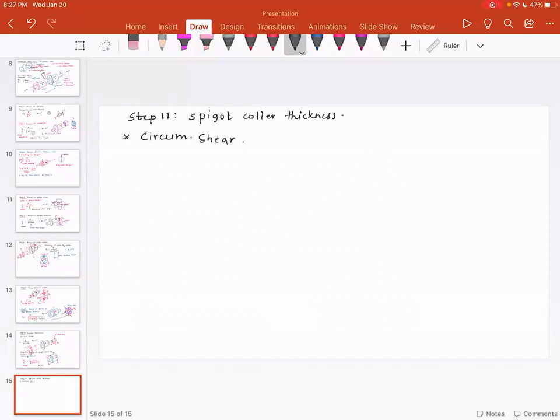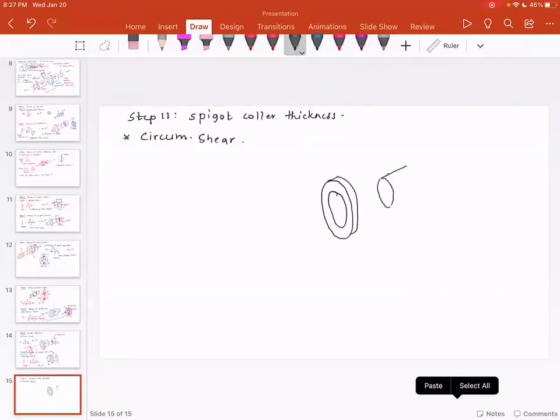If you look at the way the failure can happen, you can just have this spigot collar staying where it is and the spigot separating out.